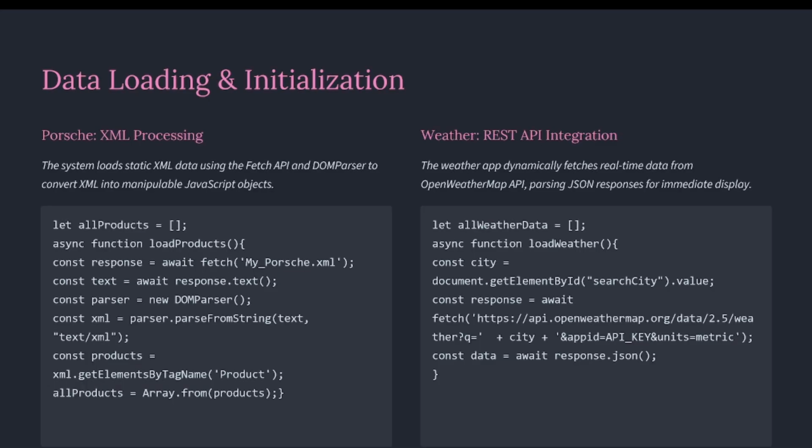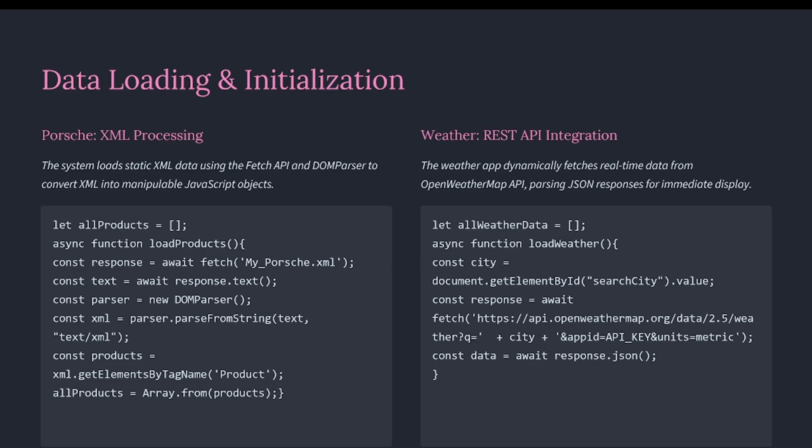Data loading and initialization. Porsche XML processing: the system loads static XML data using the Fetch API and a DOM parser to convert XML into manipulable JavaScript objects. So let all products, basically this gets all the data from the XML file. Async function loadProducts. I have a function called loadProducts.